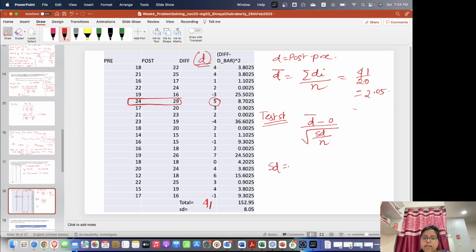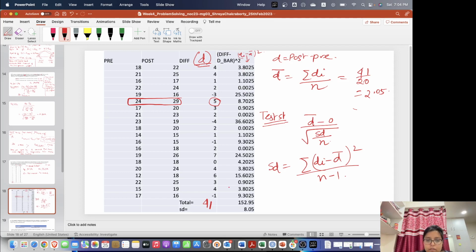So sd square will be summation di minus d bar whole square by n minus 1. In this column, what I have given is di minus d bar whole square.